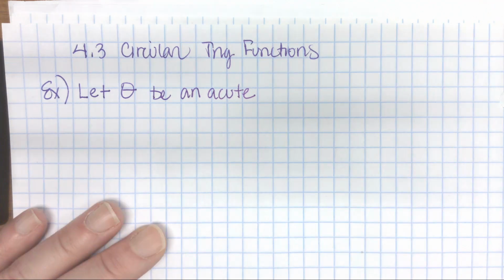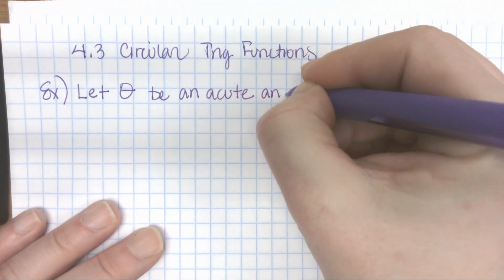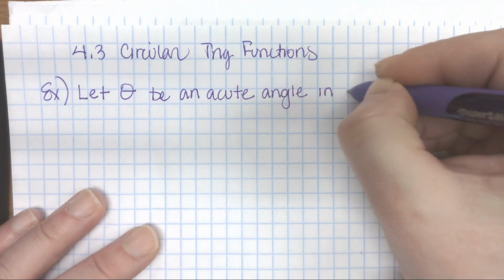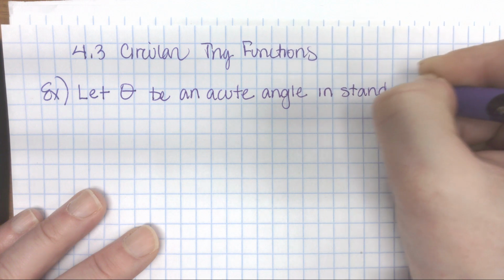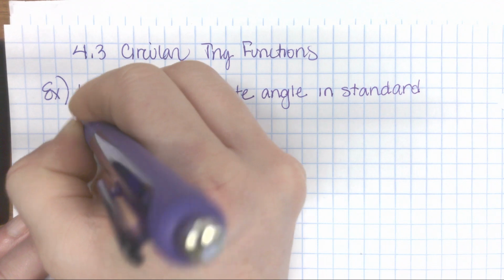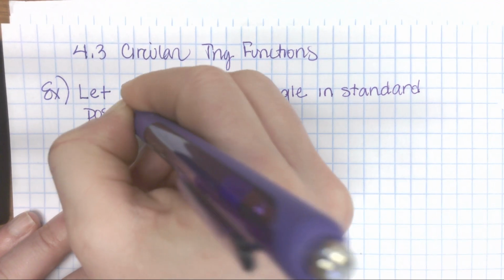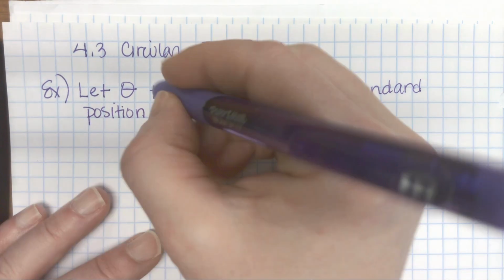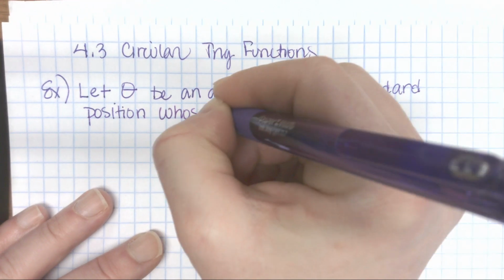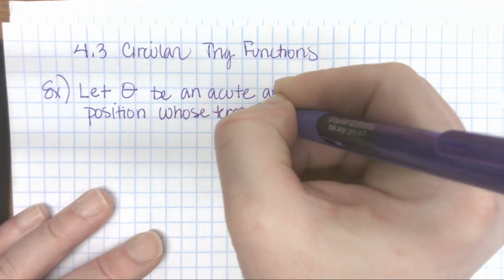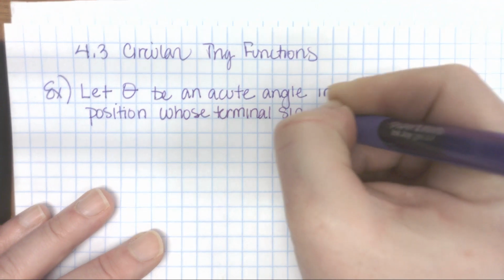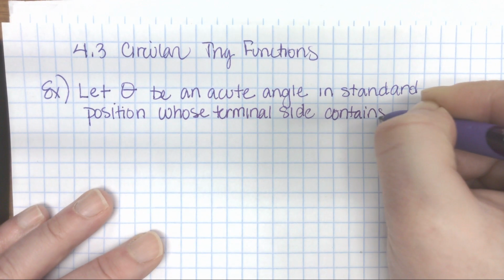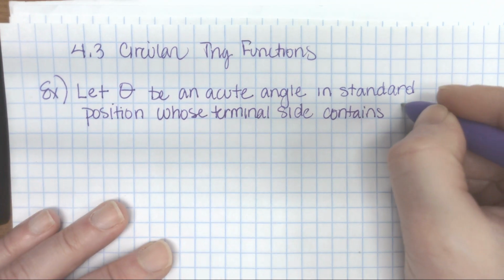We're going to let theta be an acute angle in the standard position whose terminal side contains the ordered pair (3, 5).